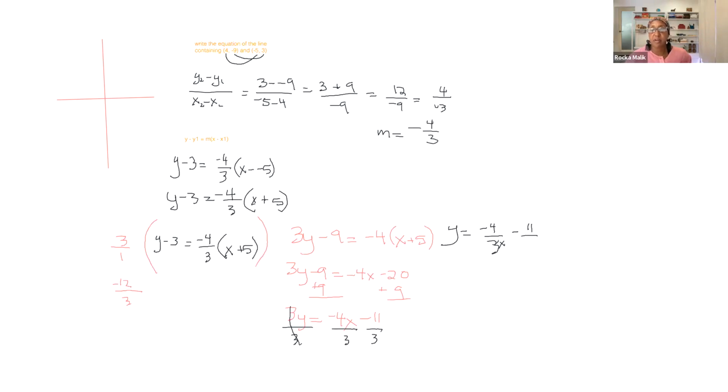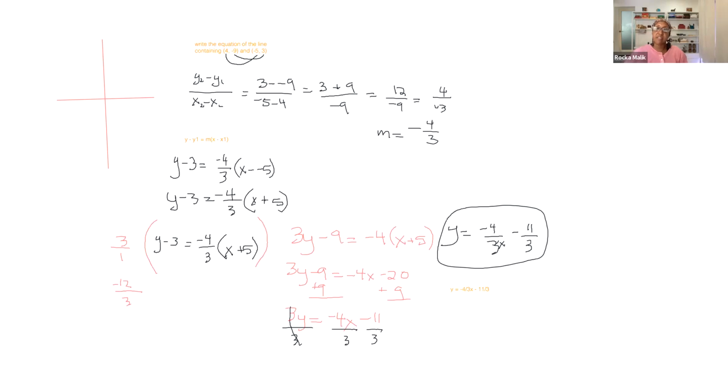Aren't we glad we're not graphing this on my graph? Okay, when I look at it, let me write it: y equals -4/3 x minus 11/3.